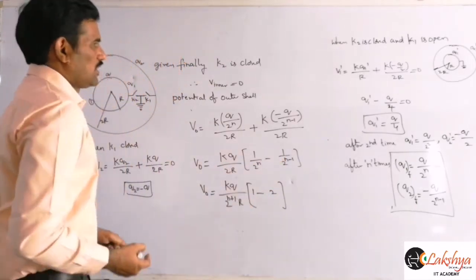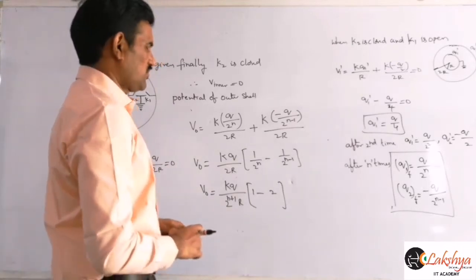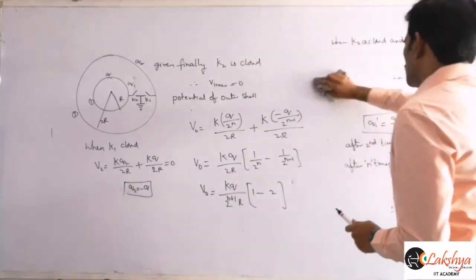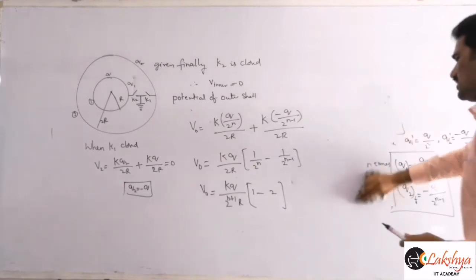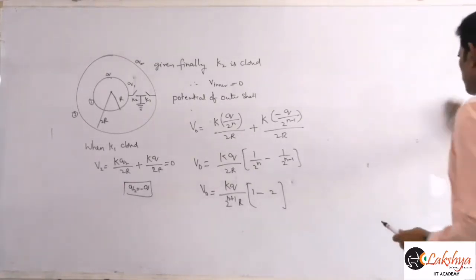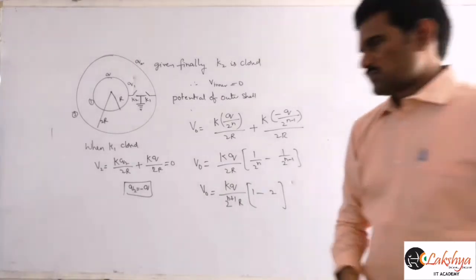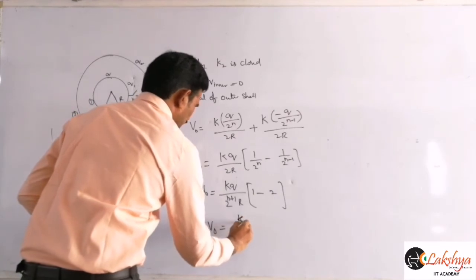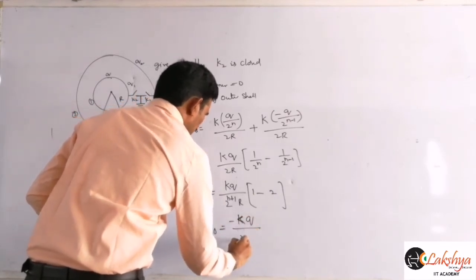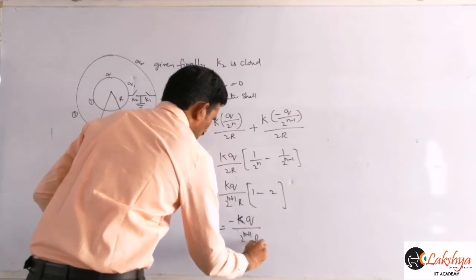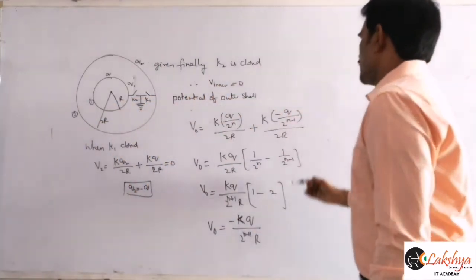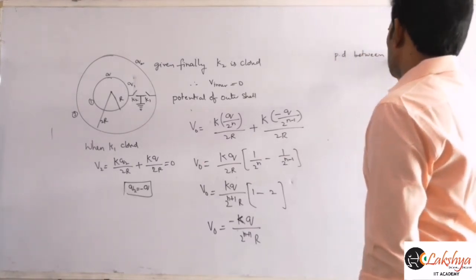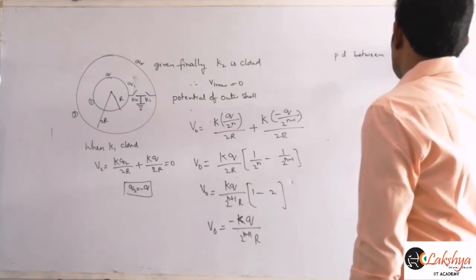And so now we need to write the potential difference between those two shells here. The inner potential is 0, so just you can write the potential difference between them. That means finally this value V naught is equal to minus kq by 2 power n plus 1 into R. So I am writing the potential difference between them, PD means potential difference between the shells.